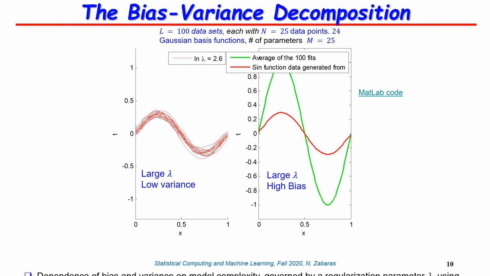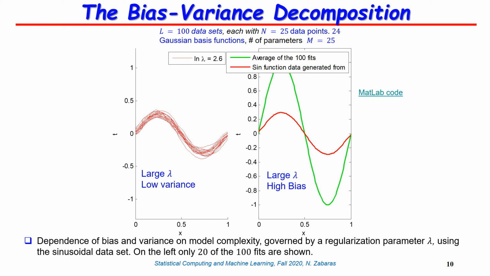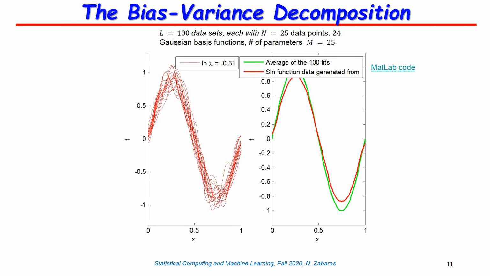So now let's take some regularization that is low, but not very low. I'm going to show you the very low regularization in one extra slide. So we have some intermediate regularization such that log of lambda is minus 0.31. The rest of the settings are identical to what we had before. So obviously you can see now that the model is more complex.